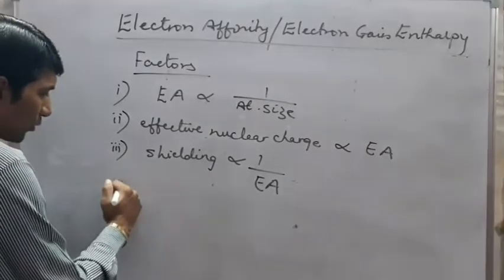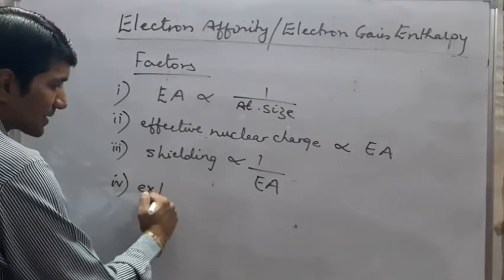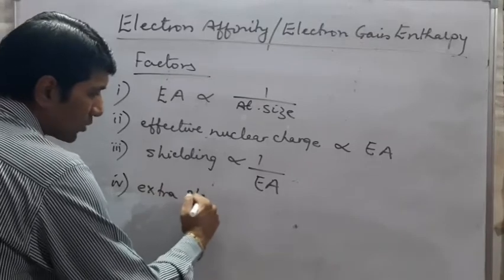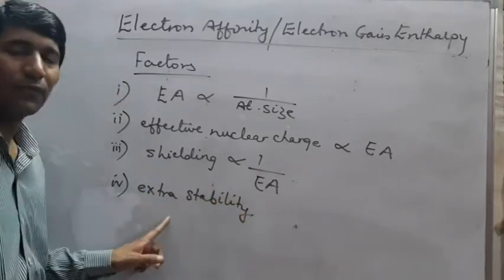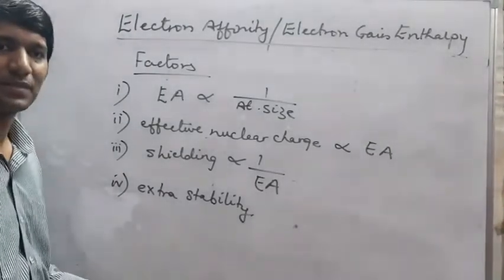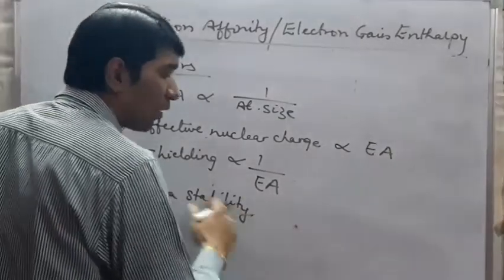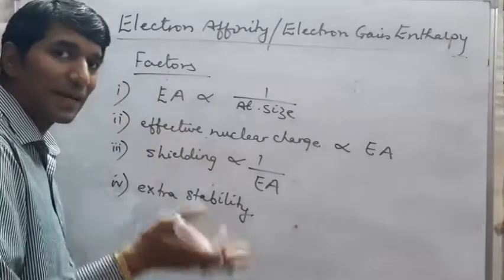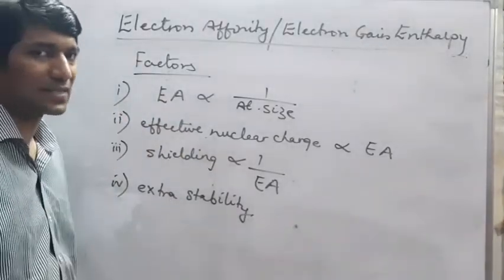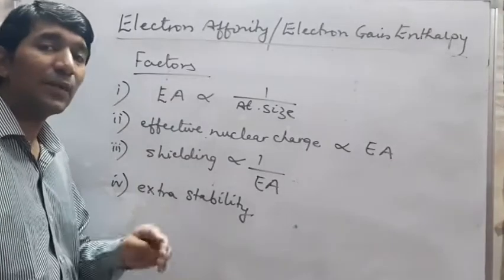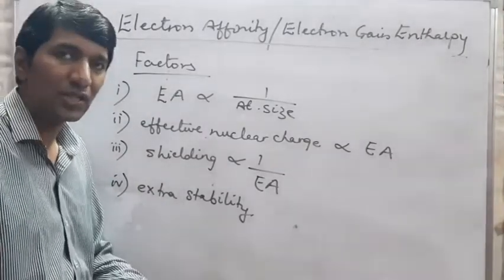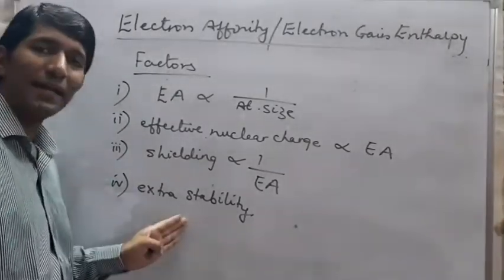Then we come to the extra stability of any of the atoms. The same case is with IP, the same case is with EA. If the atom is extra stable, it will require more energy to add an electron.